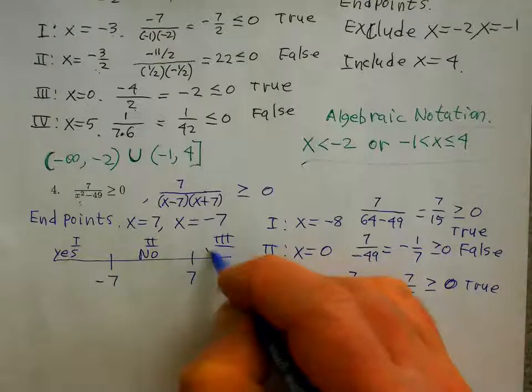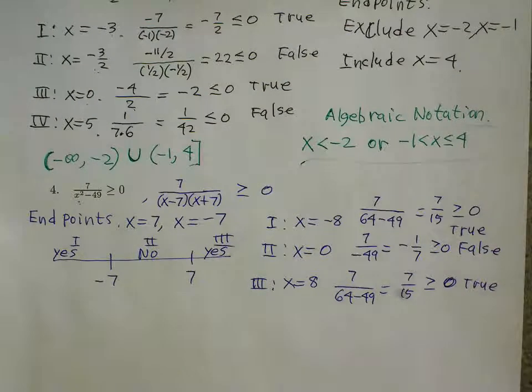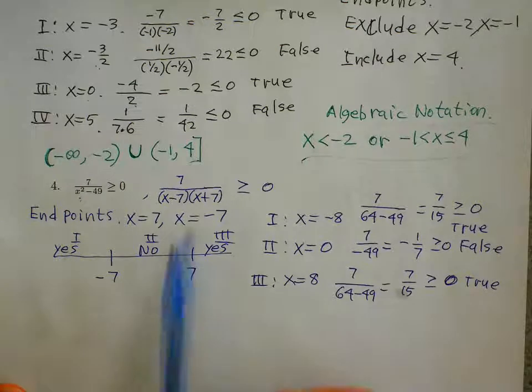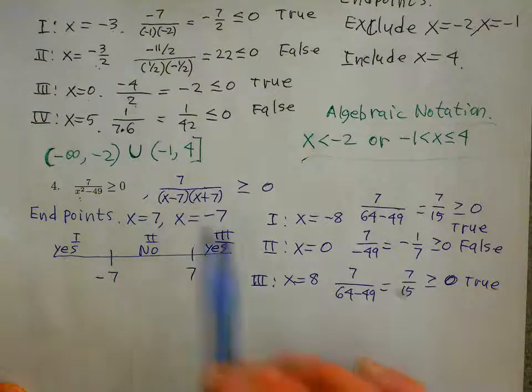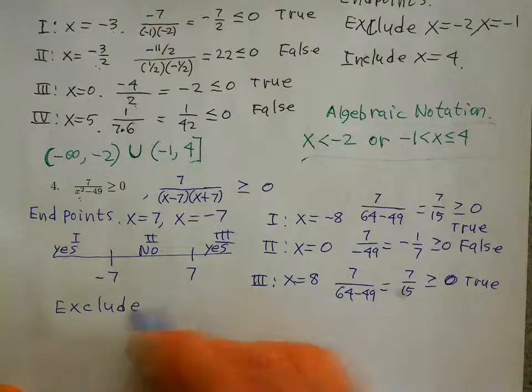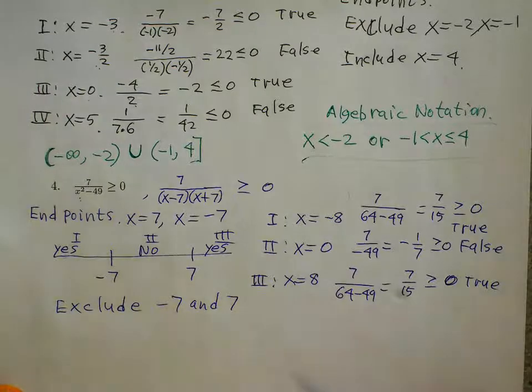So all of the numbers between 7 and +infinity are solutions. We're going to exclude the endpoints. Those are the numbers that make the denominator 0. So exclude -7 and 7 from the solution set.